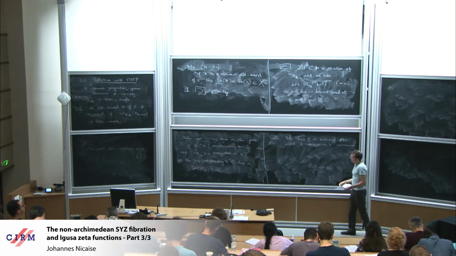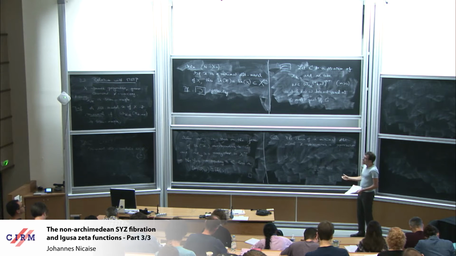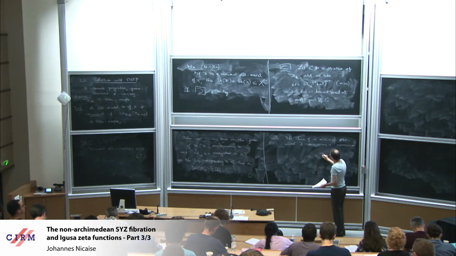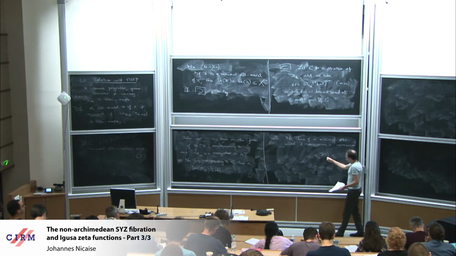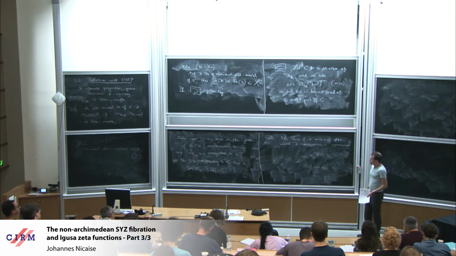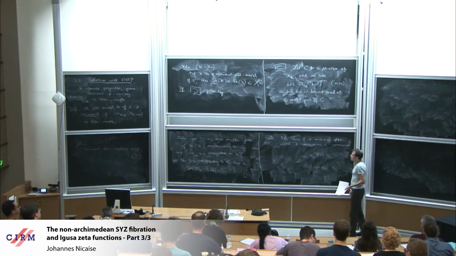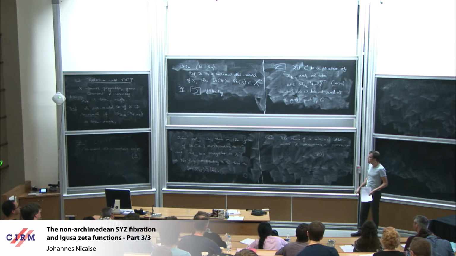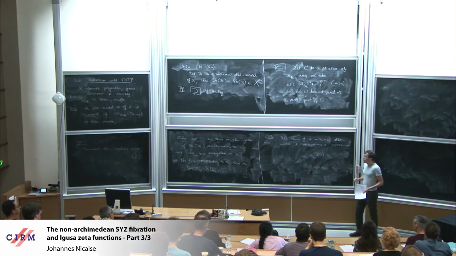The construction set up by Kontsevich and Soibelman, which I explained last time, of the essential skeleton gave you a way to identify the skeleton, which is supposed to be the base of the non-archimedean SYZ fibration, but it didn't give you the fibration itself. It didn't give you a map from the Berkovich space to the essential skeleton.